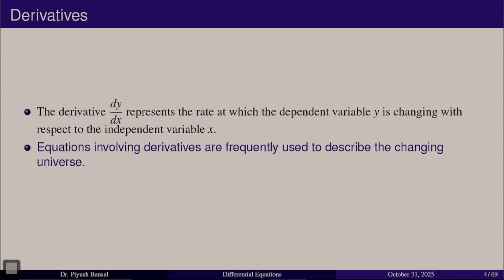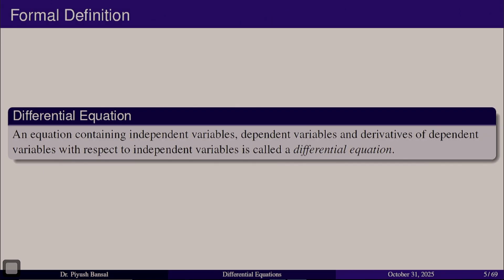So, whenever we talk about rate of change, then comes the derivative notation. Now, this is the formal definition of a differential equation. Any equation which contains independent variables, dependent variables, and the derivatives of dependent variables with respect to independent variables will be called a differential equation.